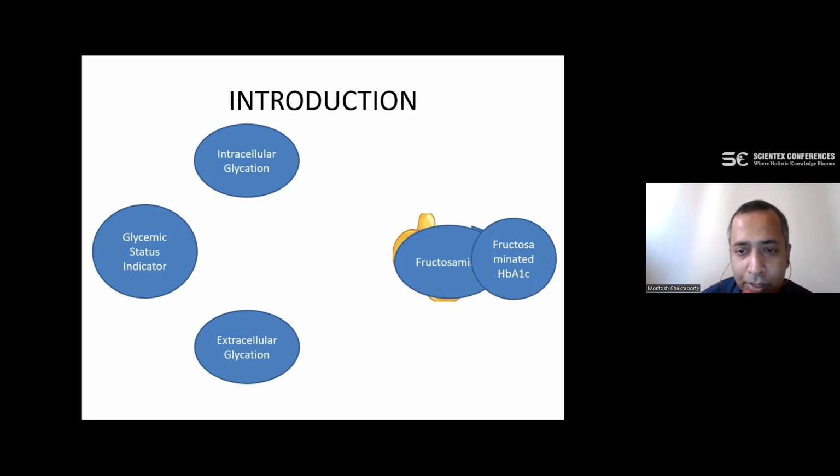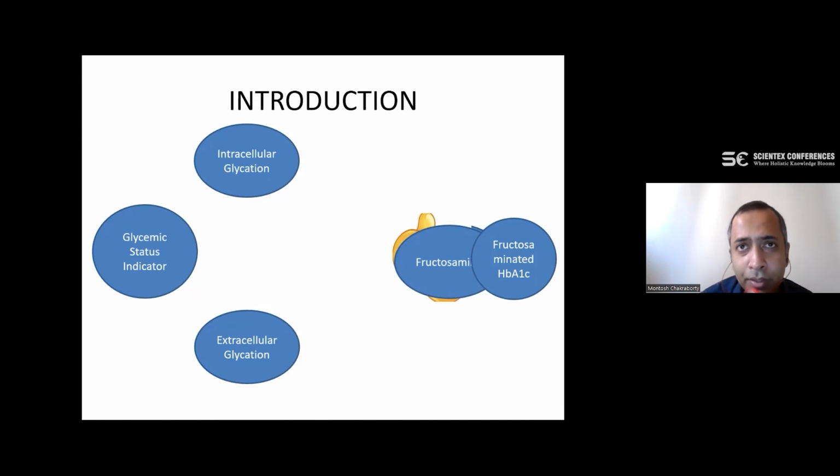Complications can be microvascular or macrovascular, all finally leading to significant mortality and morbidity. So what becomes very important is to know the glycemic status indicators, which will help us in tracing the process.